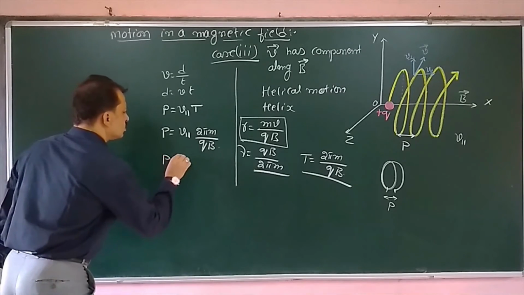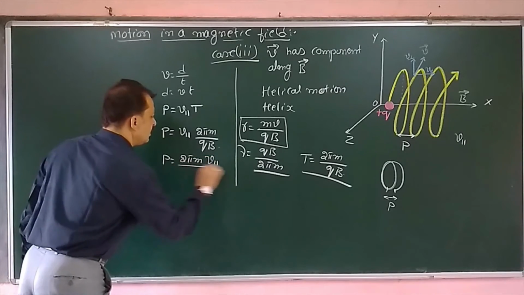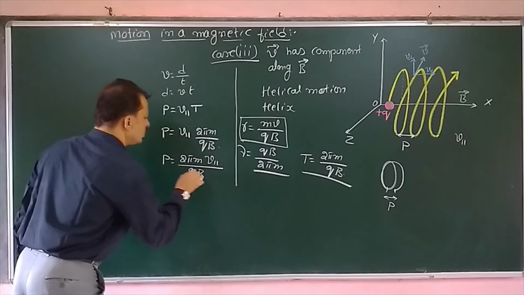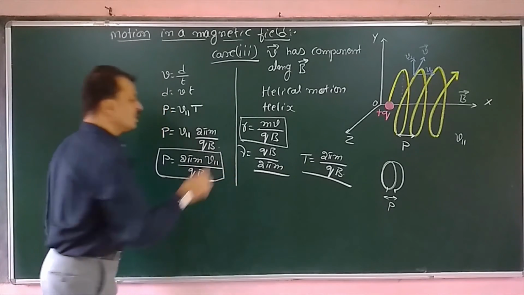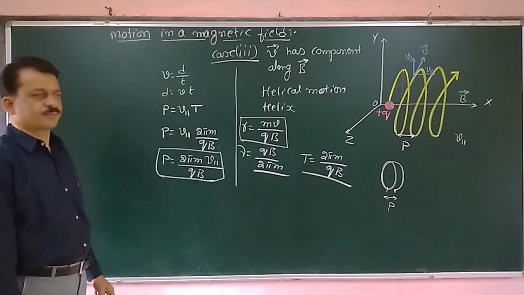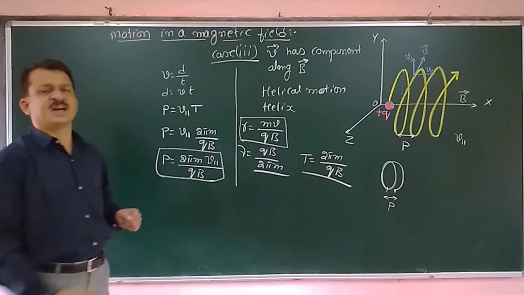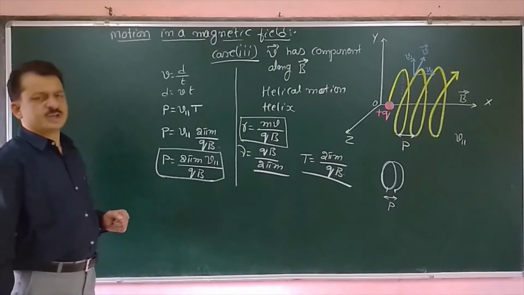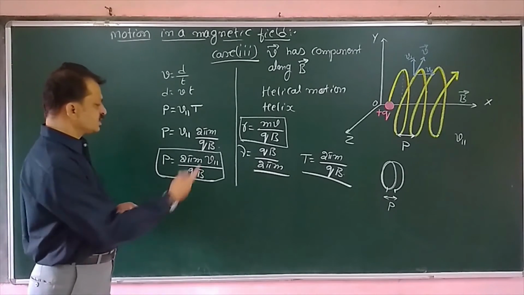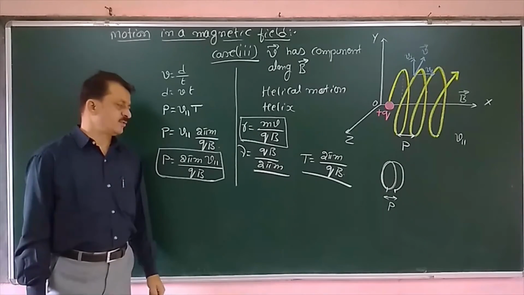Therefore, pitch is equal to 2 pi m v parallel divided by qB. It is the expression for calculating the pitch, the distance moved along the field direction in one rotation of helical motion.